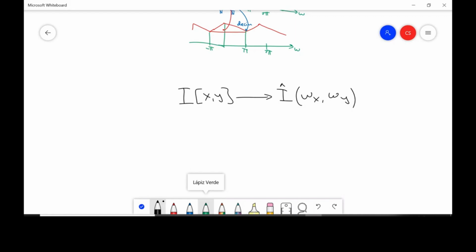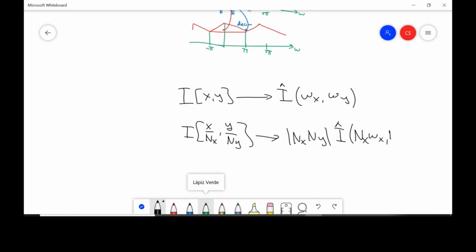And now we do a decimated image. So we have Nx, Ny, and we may decimate with different factors in each one of the directions, right? So what is the Fourier transform of this? The Fourier transform of this is 1 over Nx Ny, and then the Fourier transform of the original at omega x over Nx and omega y over Ny.